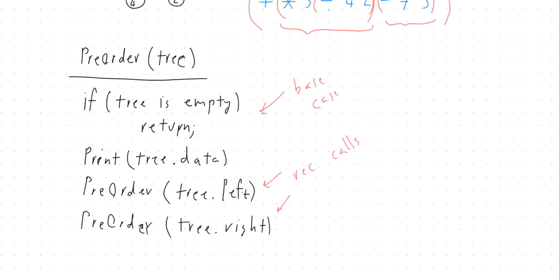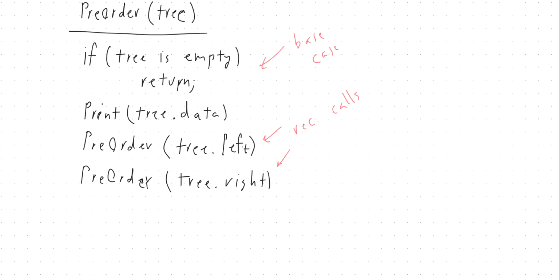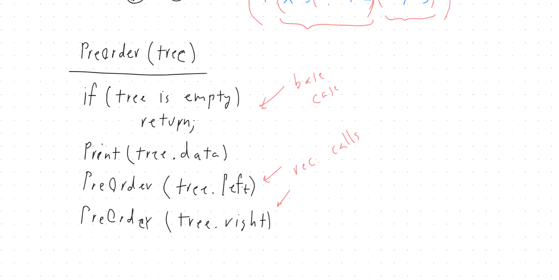That's the pseudocode for in order traversal. And if you put the print statement, the processing of the current node, last after these recursive calls, then what you have is post order. So post order here, base case is the same. Then you say post order tree.left, post order tree.right, and then you put the print statement at the bottom. And that's your post order traversal.